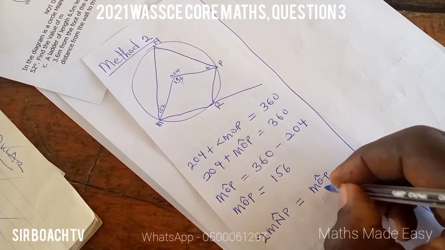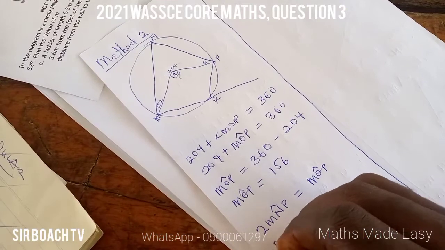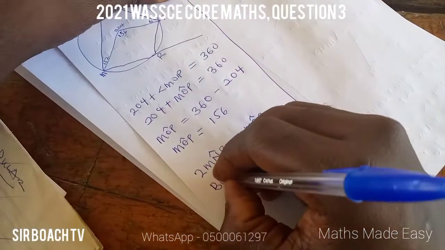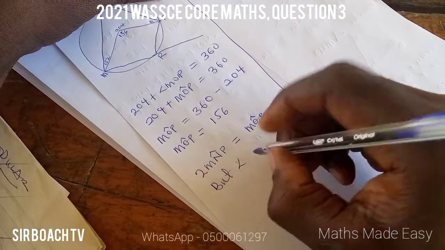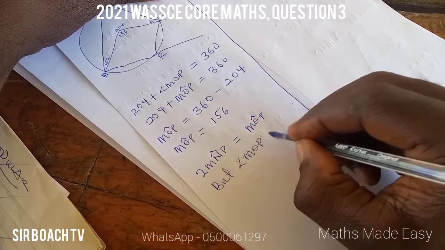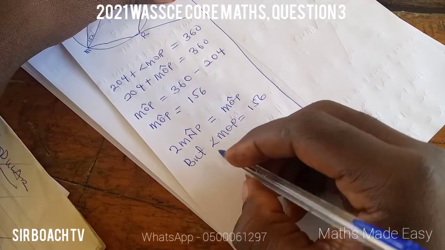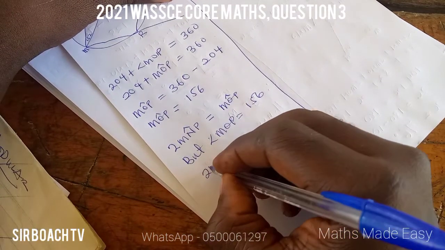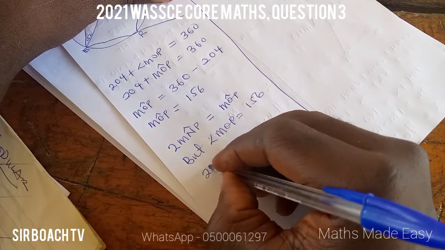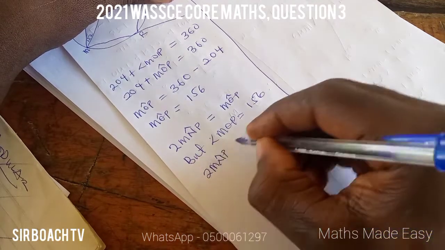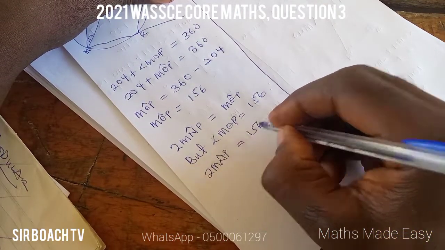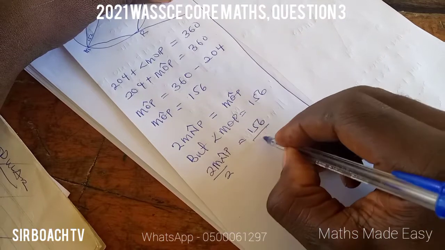But we know MOP, angle MOP is equal to 156. So 2MNP is equal to 156. You divide here by 2 and I divide here by 2.